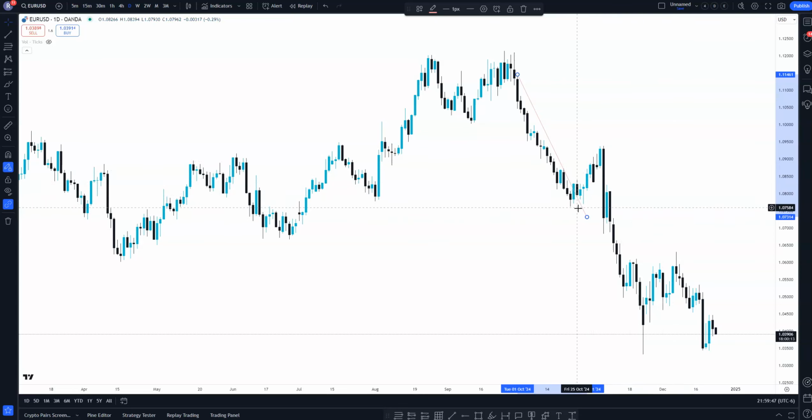Break there, comes down, but then eventually we get our uptrend. Then we get a break, back to our downtrend.